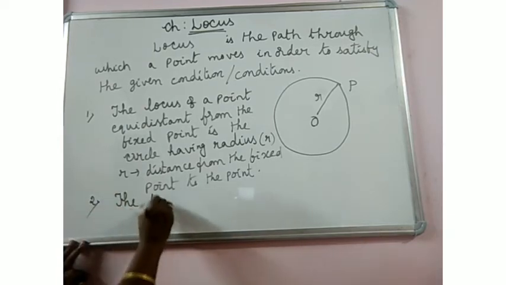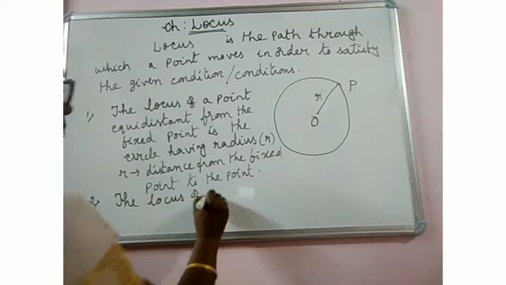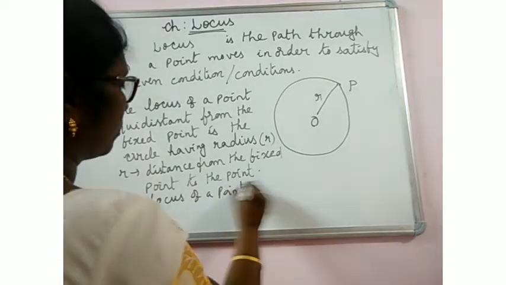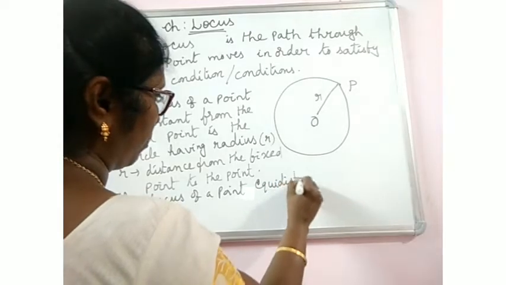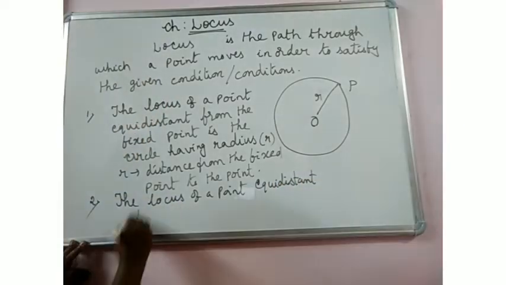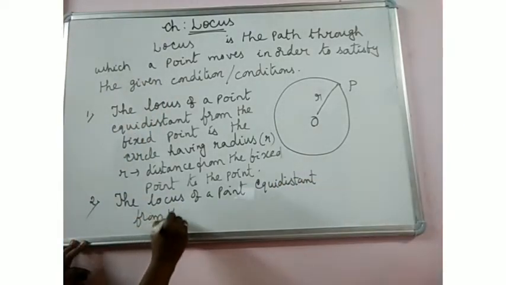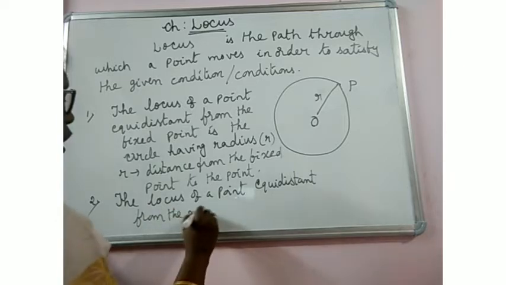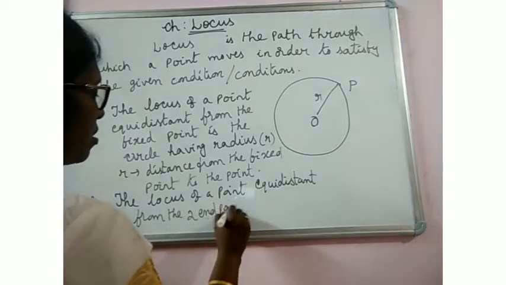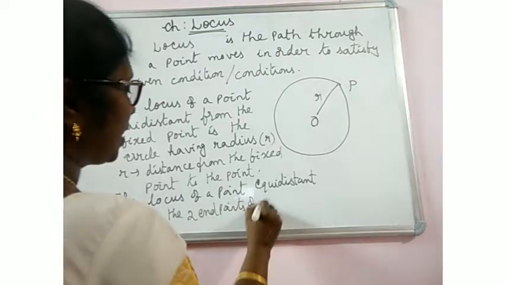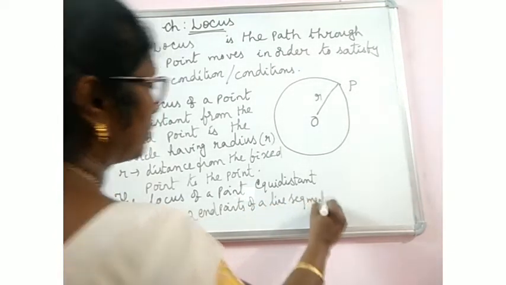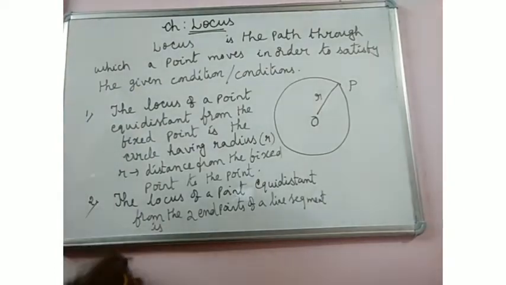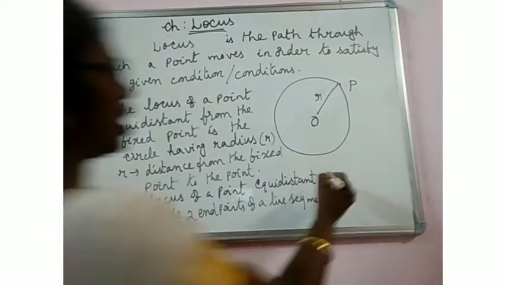The locus of a point equidistant from the two end points of a line segment is, let me tell you what is that.